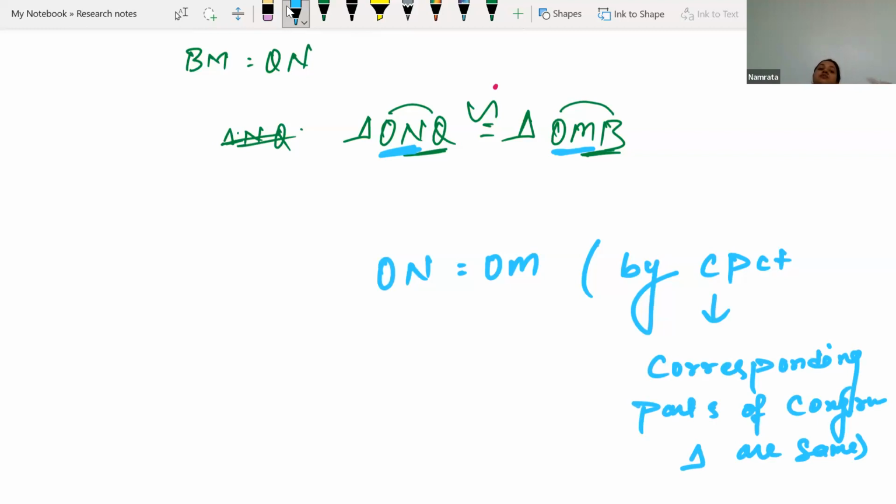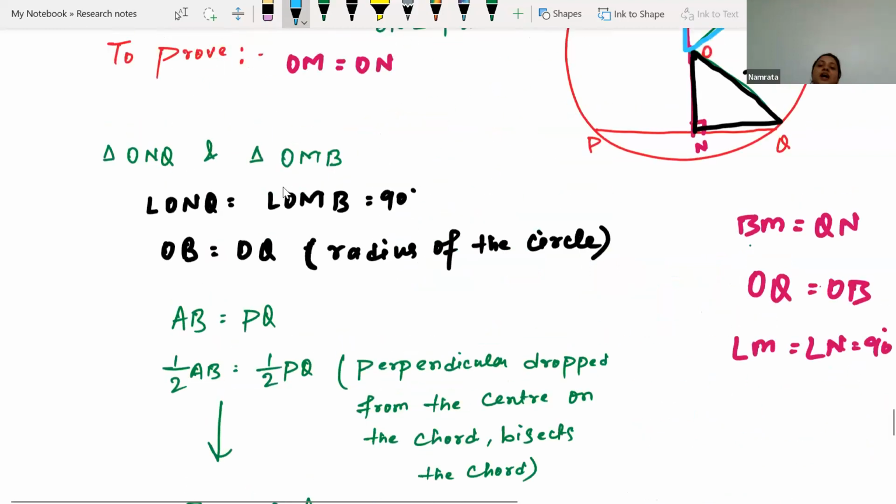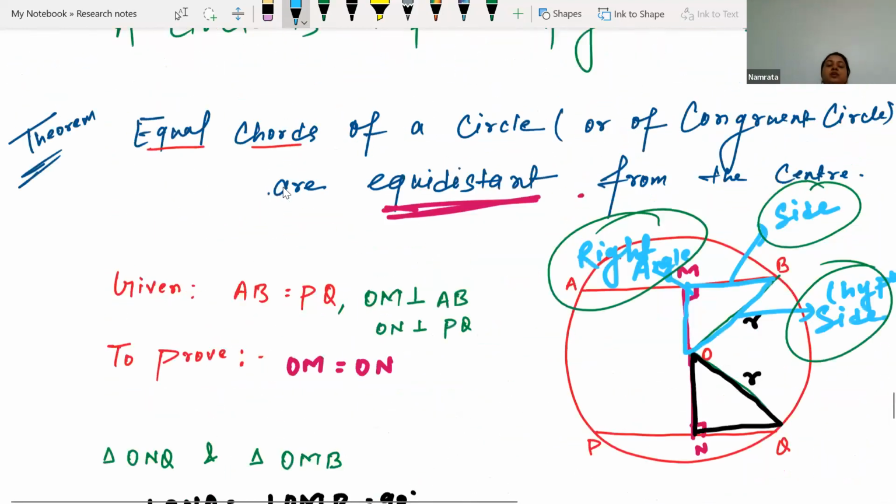Let's prove the converse of this same theorem. Let's get back to the theorem. What we have proved, you need to keep in mind, is not only the proof but also this theorem, which says that whenever chords are of the same length, the distance from the center will also be the same.